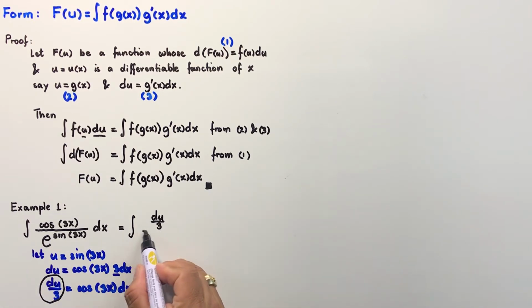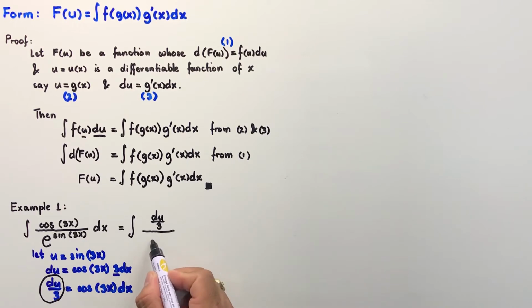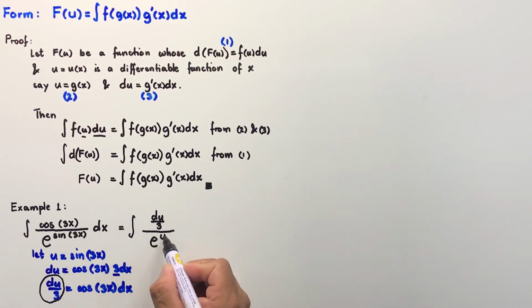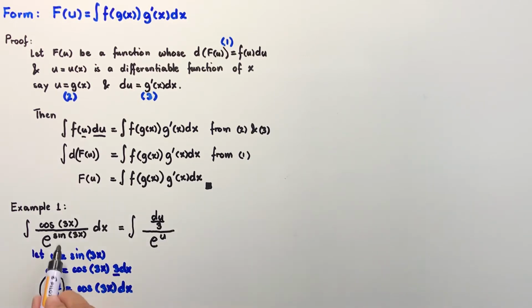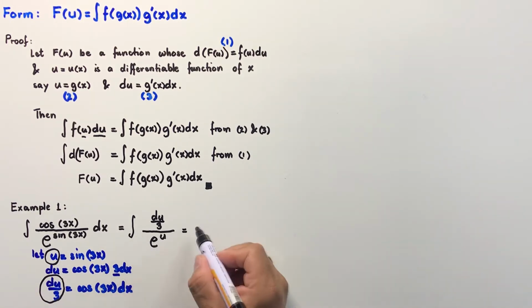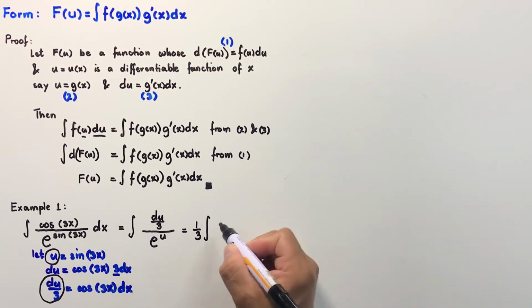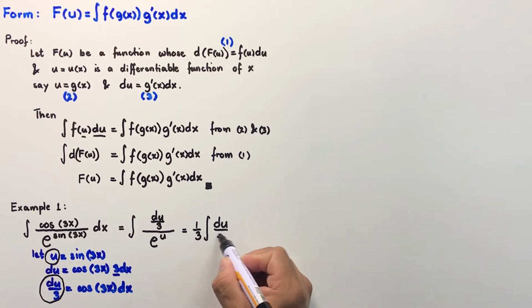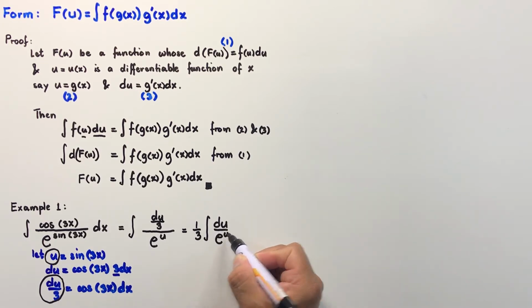And the denominator is e to the power of u, because instead of writing sine of 3x, we will write its equivalent representation, which is our u. And now we can factor out the constant, which is 1/3. So this is 1/3 of the integral of du over e to the power u.